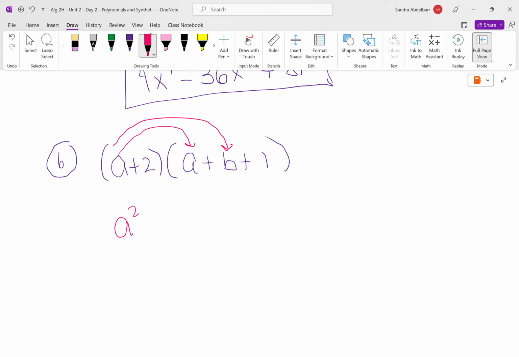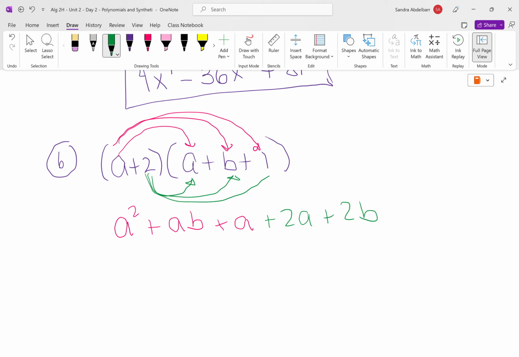So A times A is A squared. A times B is AB. A times 1 is A. But now I'm going to triple distribute the 2. 2 times A is 2A. 2 times B is 2B. 2 times 1 is 2.